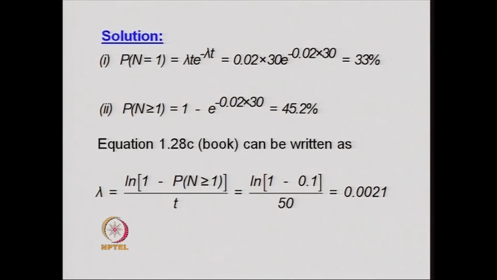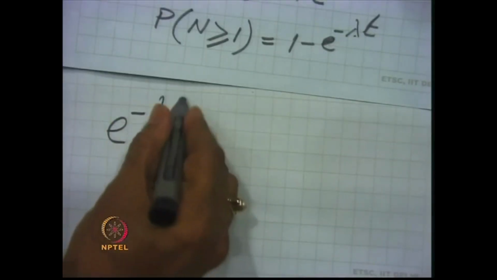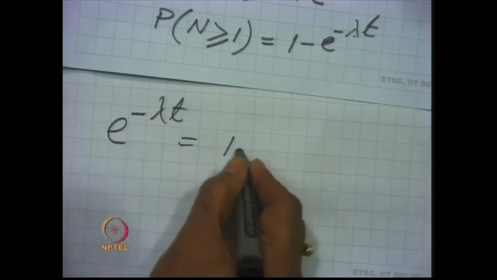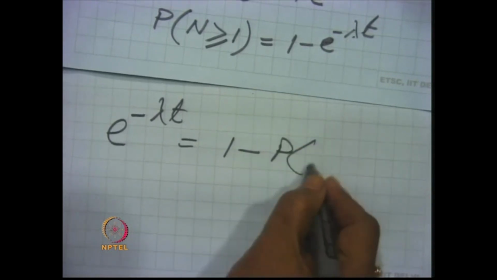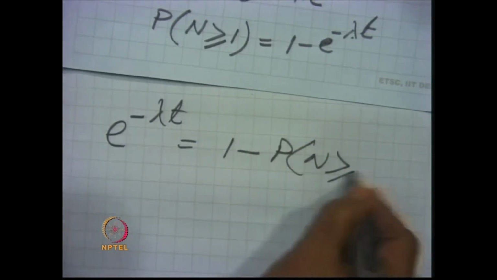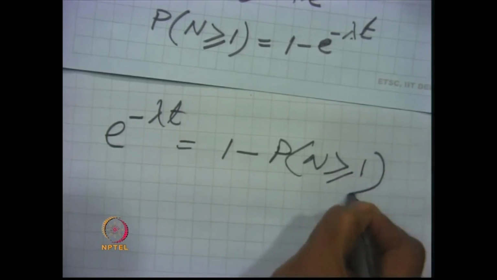Now this equation can be rewritten in the form of e to the power minus lambda t is equal to 1 minus P(N greater than or equal to 1).